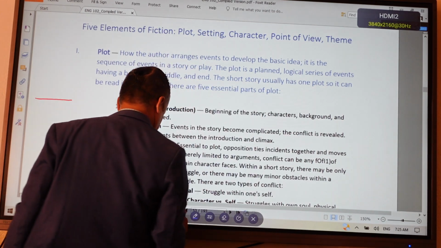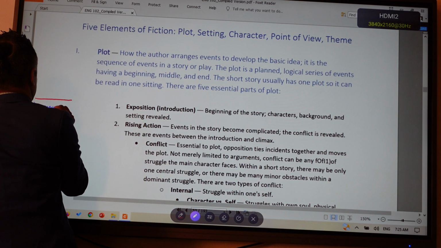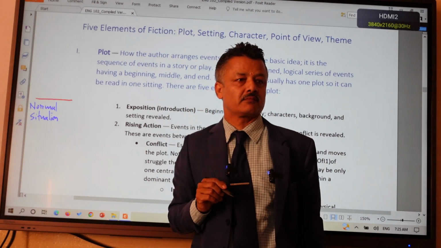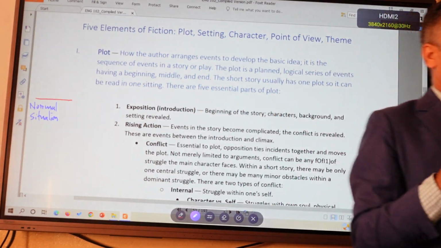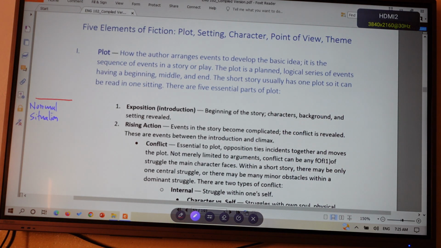So this is a normal situation. Almost 99% of novels begin with a normal situation. When the story opens, the world of the story is fine.